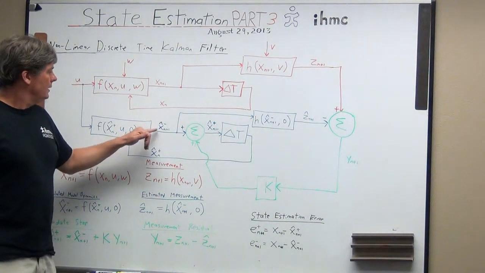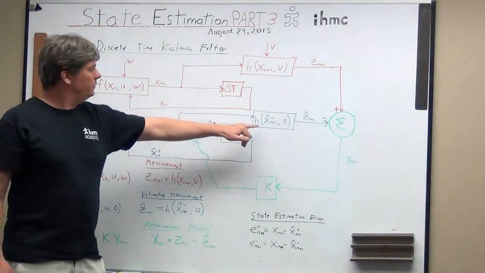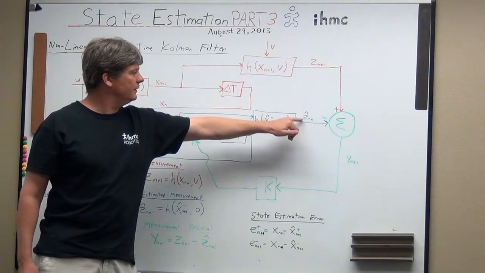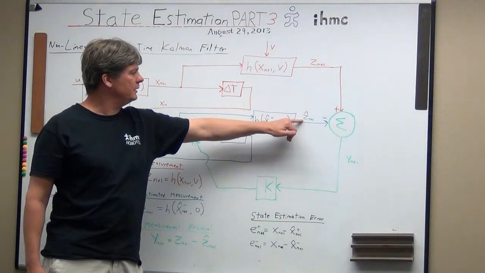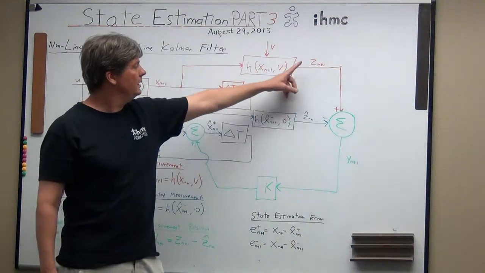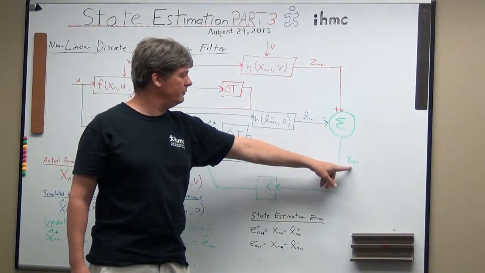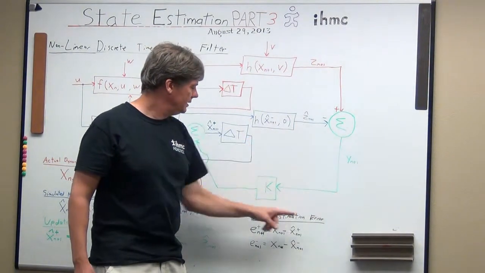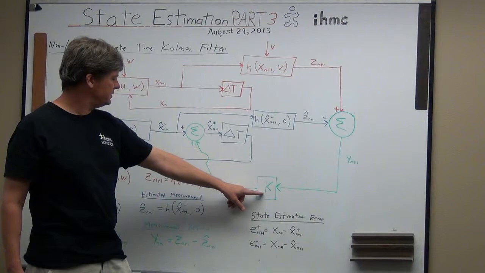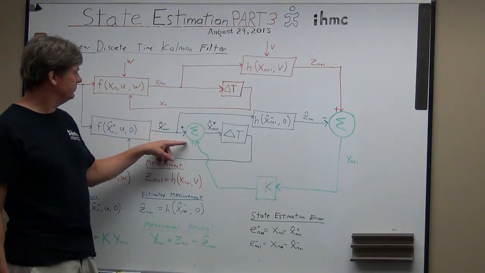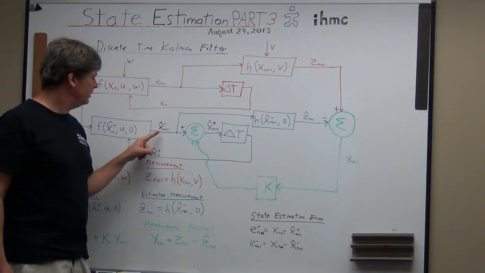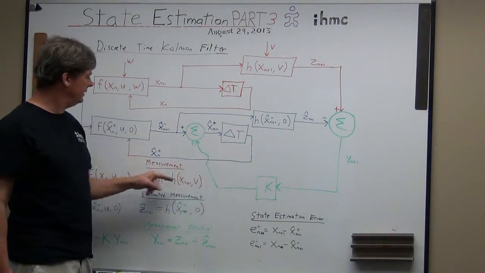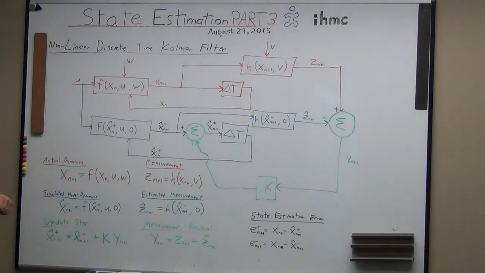You take this state, go through your sensor dynamics to figure out what you would expect your sensor readings to be. Compare the two to get a residual on your sensor readings. Multiply that through by some K matrix and use that to update your state by adding it to your a priori state to get your posterior state, and then your delay block.